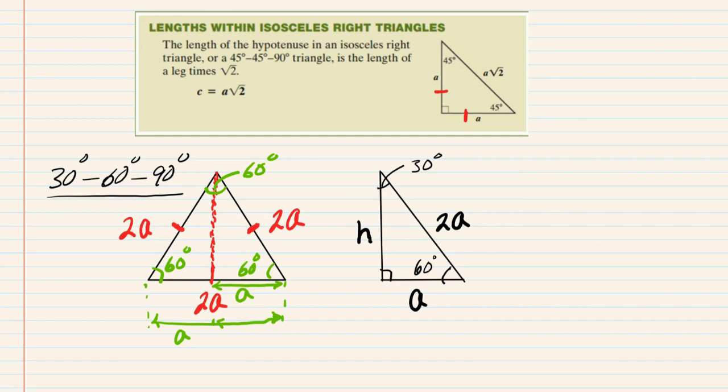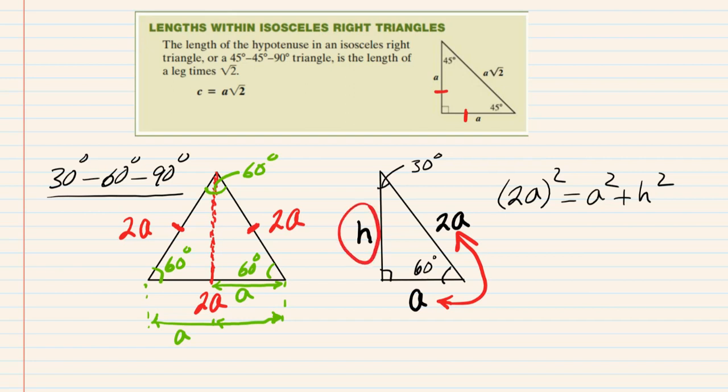According to Pythagorean, the square of the hypotenuse is equal to the sum of squares of the other two sides. We already have a in here and 2a here.